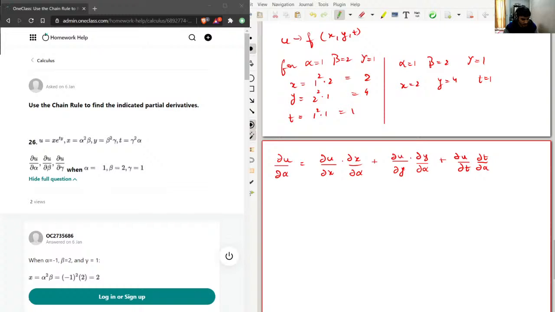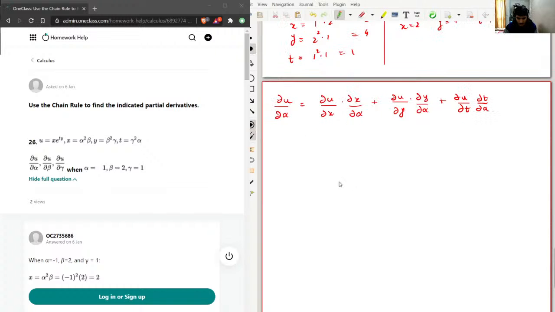So I'll be using the equations from here only from now.